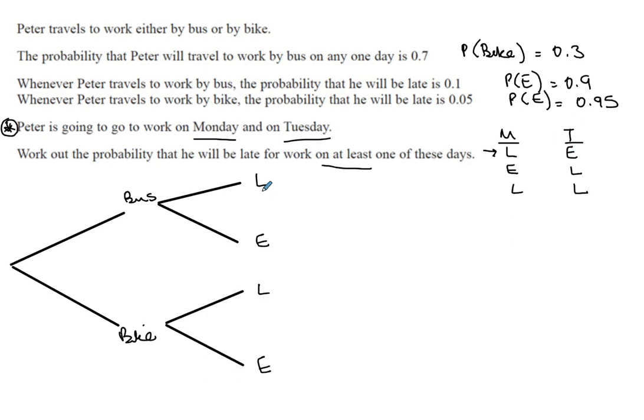Okay, so we're just considering the probability that he will be late on a day or early on a day. Okay, so the probability he goes by bus is 0.7. So the probability he goes by bike is 0.3. And you can tell by preparing it, you're not having to calculate it again. Yeah.